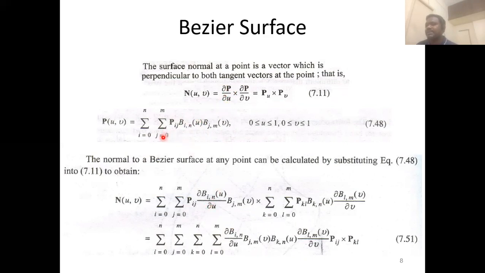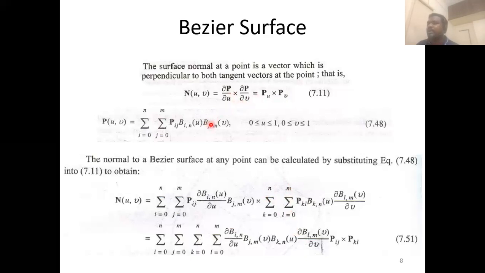The summation remains the same, i is equal to 0 to n, j is equal to 0 to m. Cross. Again, this expression will appear here. In this case, in order to distinguish, two more variables are given, k is equal to 0 to n, l is equal to 0 to m. In this case, the partial derivative is done with respect to v.